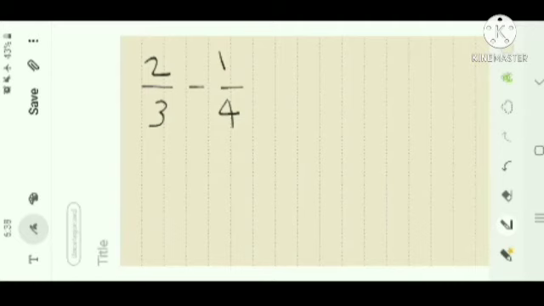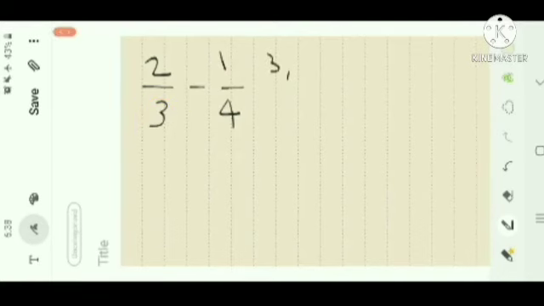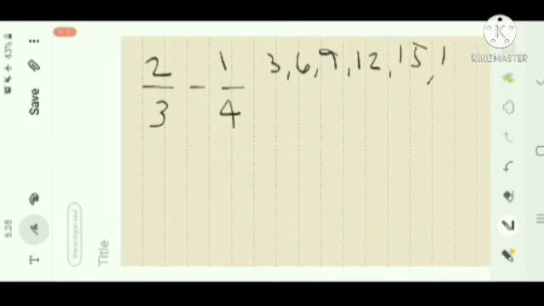So for denominator 3, the multiples are 3, 6, 9, 12, 15, 18, and so on.